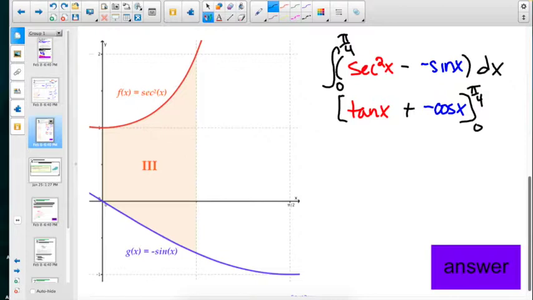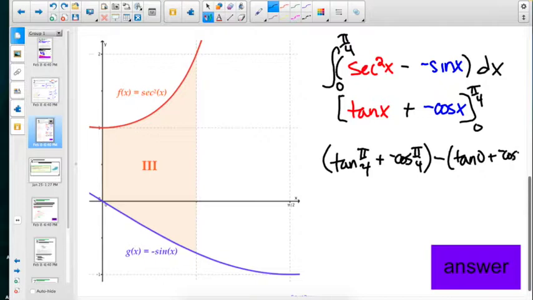So we have tan pi over 4 plus a negative cosine pi over 4 minus tan 0 plus a negative cosine 0. Oops, that's supposed to be a 0.